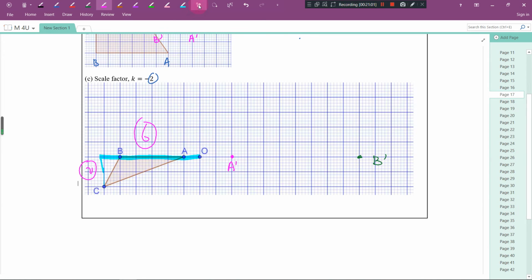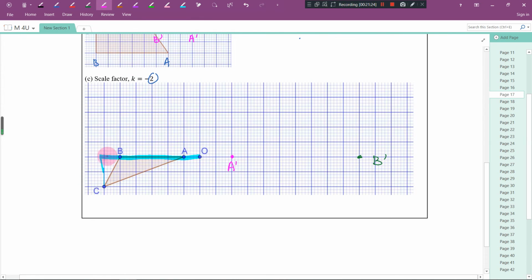So this goes here 6, and the scale factor is negative 2. You have to go to the right hand side 12 units. This goes down 2 units. You need to go up 4 units. So if you don't want to do it this way, you can do it this way. It might be easier for you.